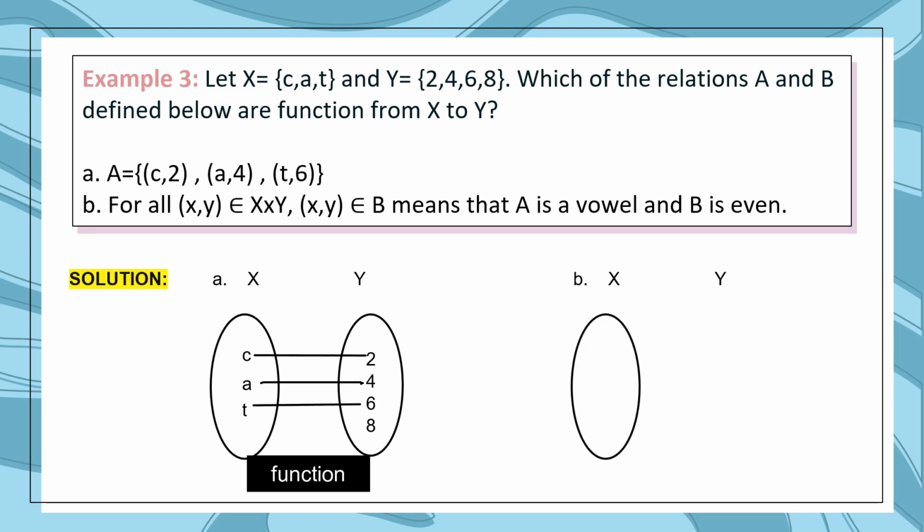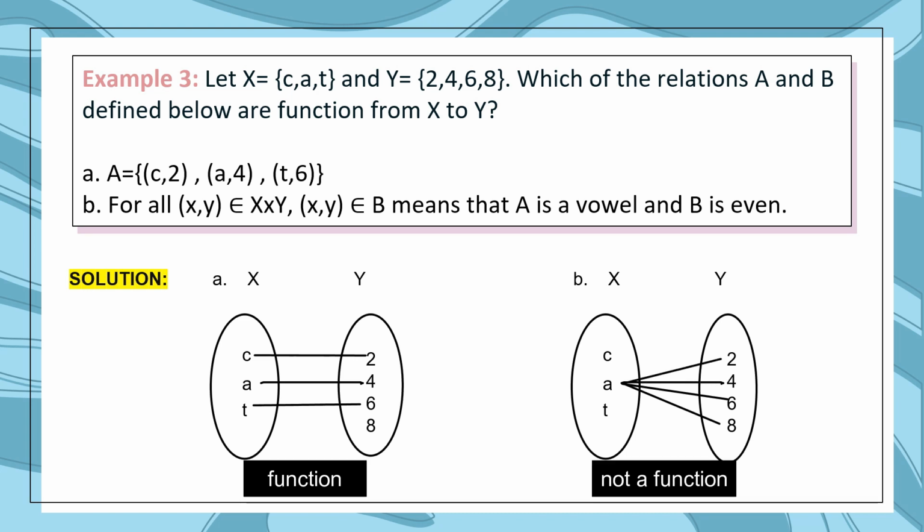For letter B, we have the sets X and Y. It means that x is a vowel and y is even. A is paired with 6, A is paired with 8, A is paired with 4, A is paired with 2. Letter B is not a function because it does not satisfy the property of a function.